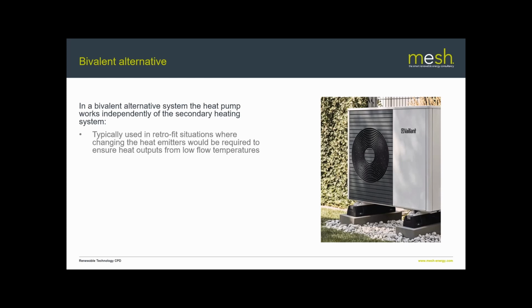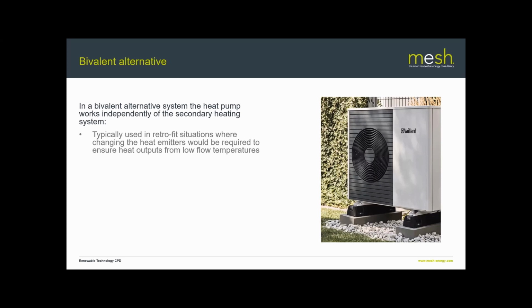Typically this type of system is used in a retrofit situation where it might be too expensive to change the heat emitters, the radiators. So you've got an existing house with existing radiators, designed around a boiler. If you just bolt a heat pump onto the end of that, the flow temperature the heat pump will give, and the COP at those flow temperatures, simply isn't enough to make the system worthwhile.